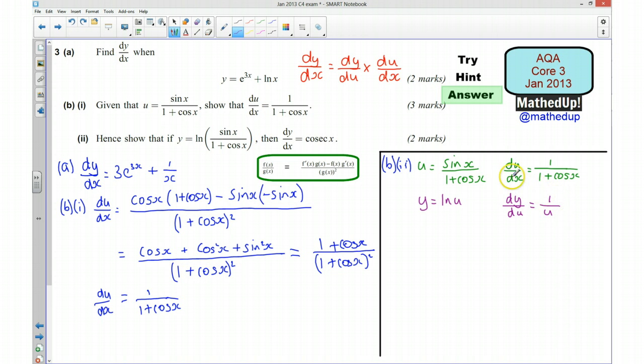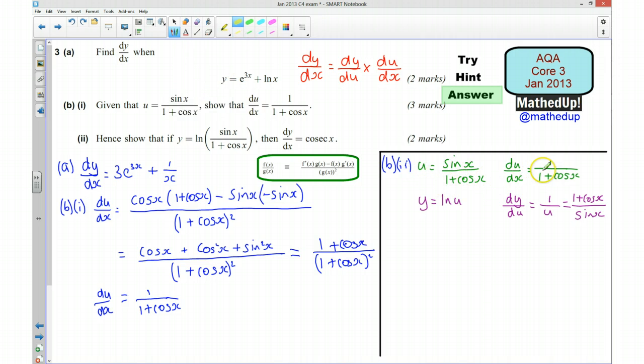And I'm going to write this in terms of x. So if u is equal to sin x over 1 plus cos x, then 1 over u, which is the reciprocal, must be equal to the reciprocal of this. So it's going to be 1 plus cos x over sin x. There you go. Right, so these are the bits that I need.